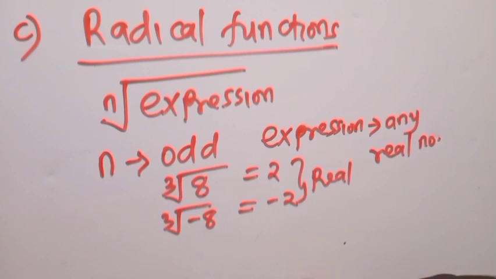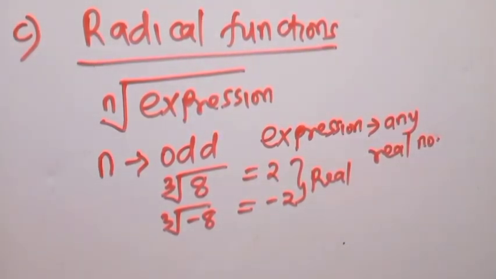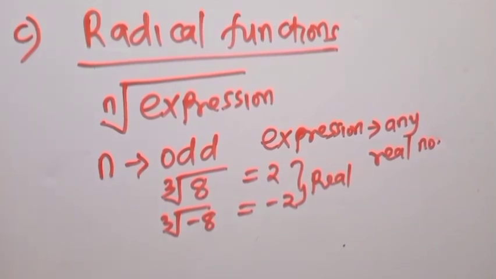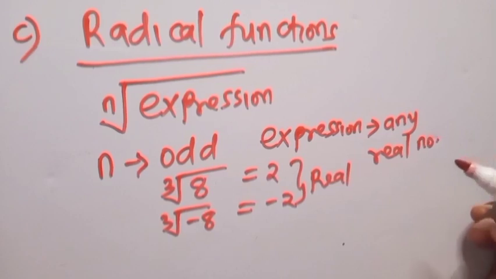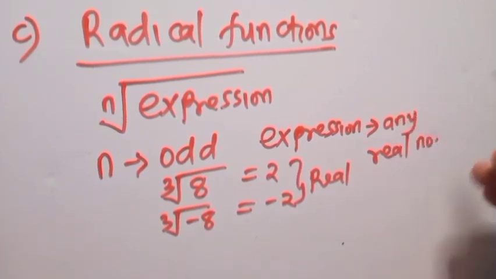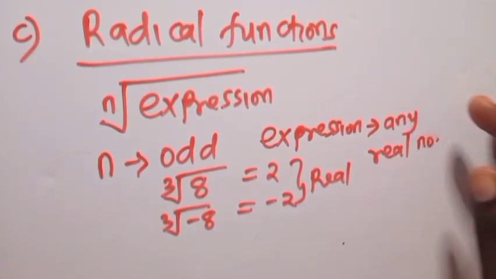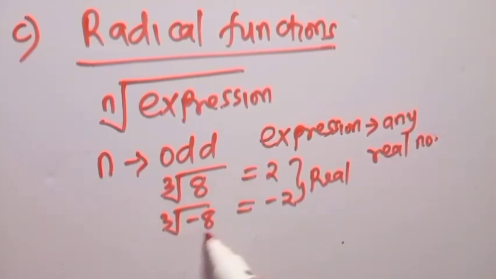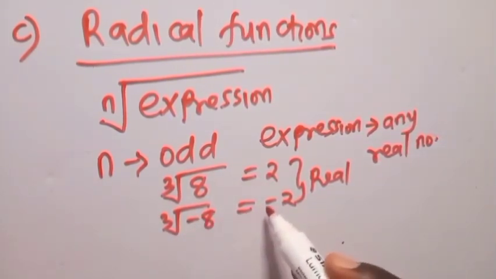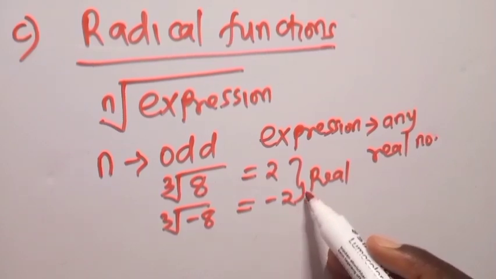From that are the two rules that we know, that we cannot take the square root or the root of a negative number. And in this case, we have taken the cube root of this, and it gives us a real number.